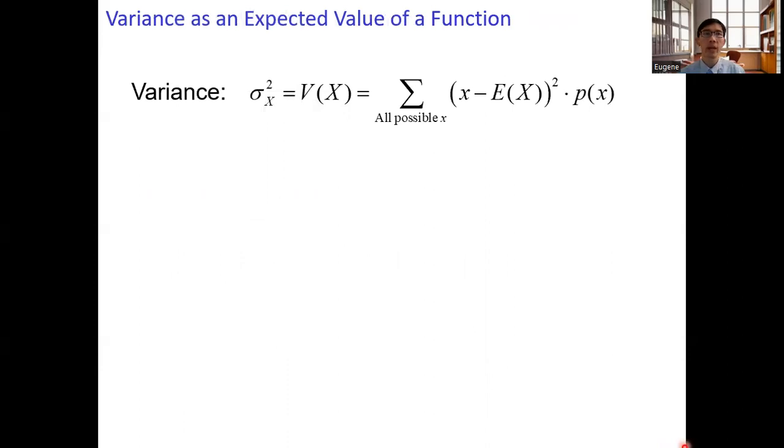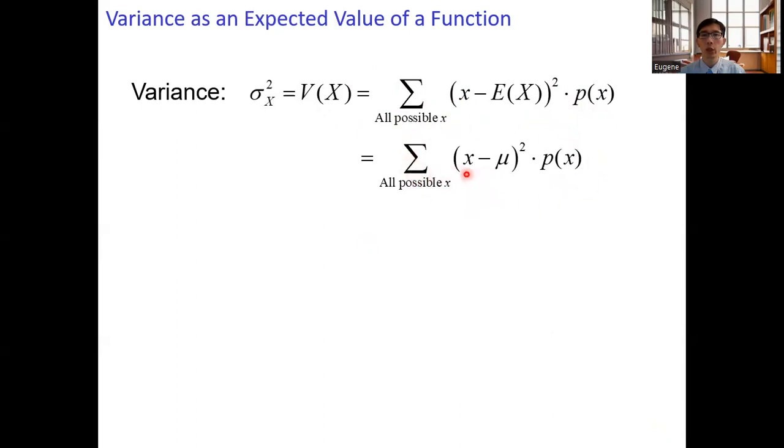We can regard the variance as an expected value of a function. Okay, recall the definition of the variance. The summation of the square of X minus E of X times P of X. Or we can write it as this.